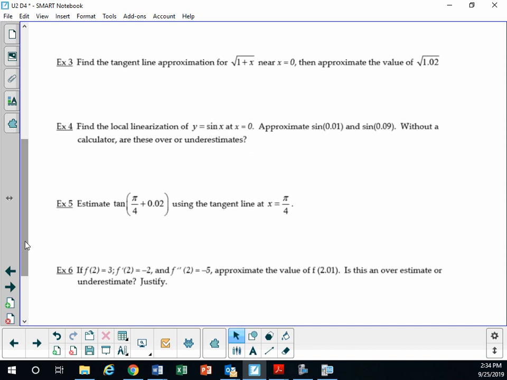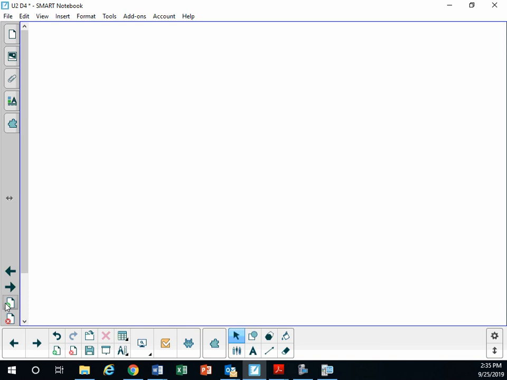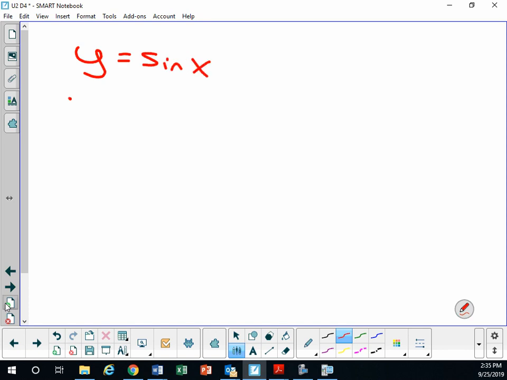Find the local linearization of y equals sine x at x equals 0. So, y equals sine x, and I want you to find the approximate sine of 0.01.